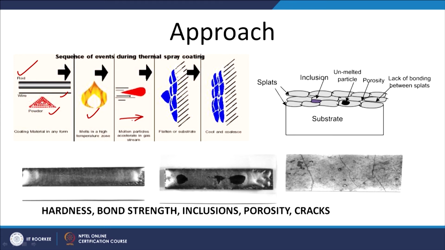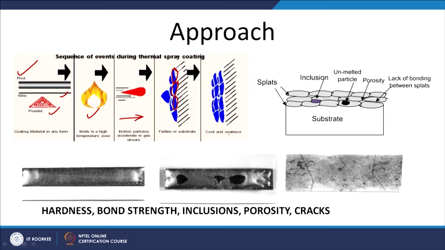Once these high velocity particles impinge with the surface of the substrate, they get flattened like this and form splats, and the splats deposit one over the other. When this process continues, after the solidification the coating is formed on the surface of the substrate, but these thermal spray coatings are not free from defects.